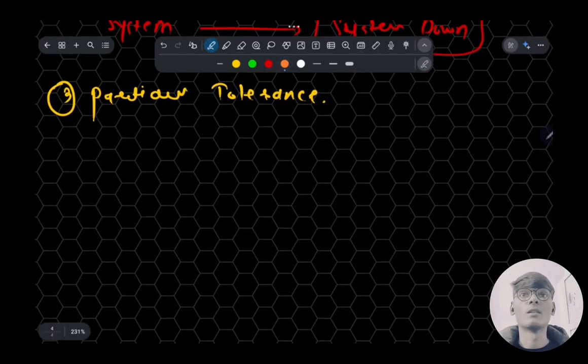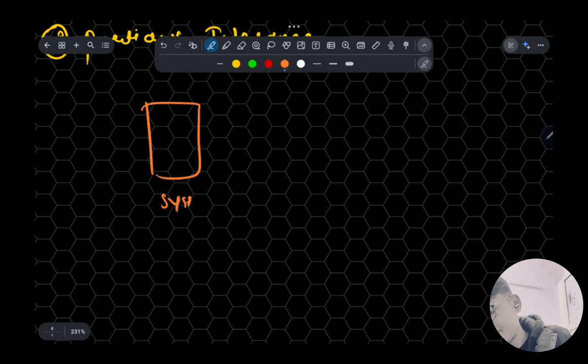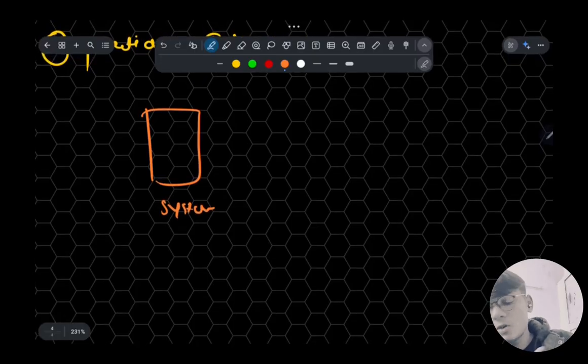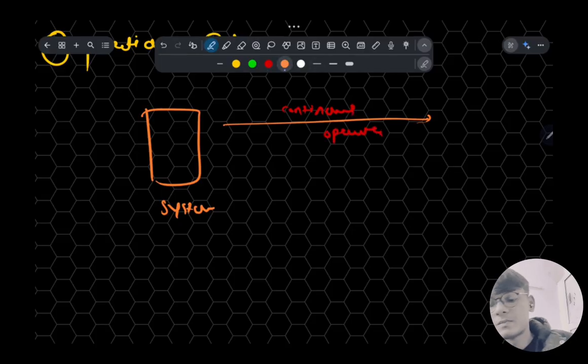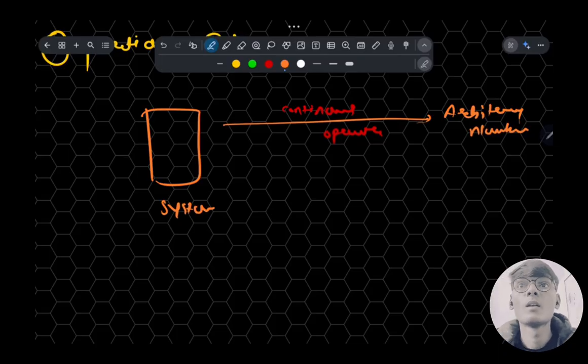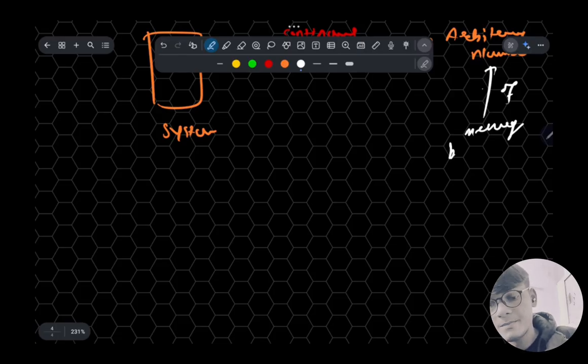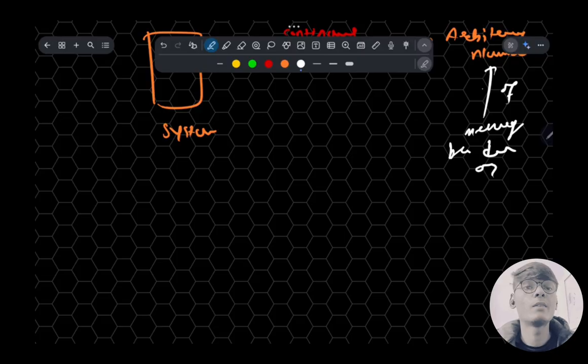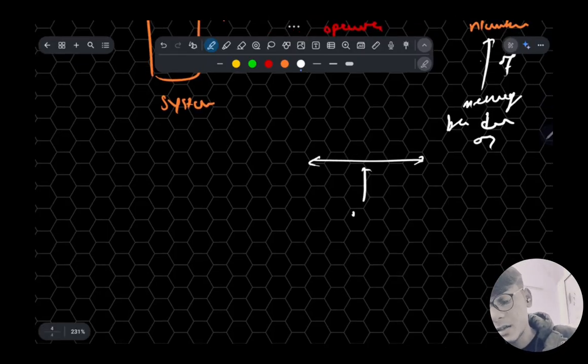The exact meaning is that the system continues to operate despite an arbitrary number of messages being dropped or delayed by the network between nodes.